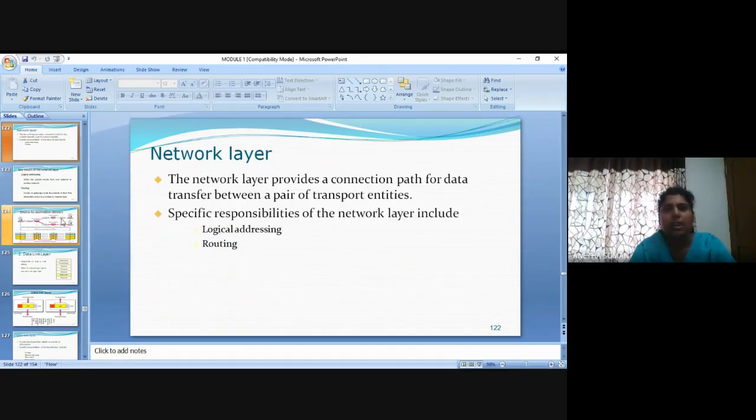Now, what is logical addressing? Logical addressing means the IP address; if it is done in the network layer, it is called logical addressing. IP address means every computer in a network is identified with a unique ID, and that ID is called the IP address.